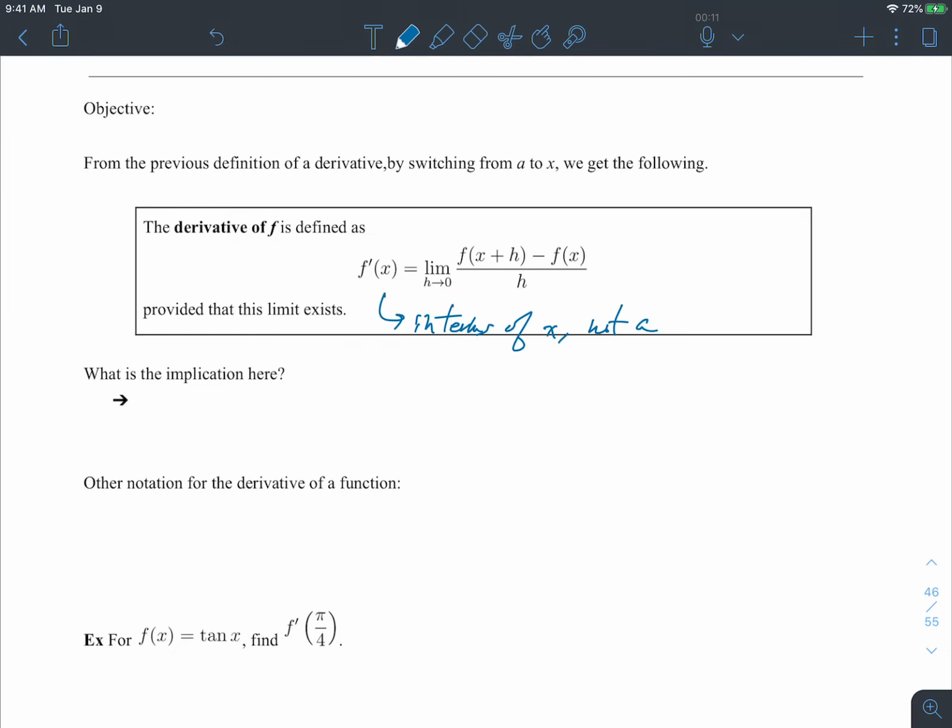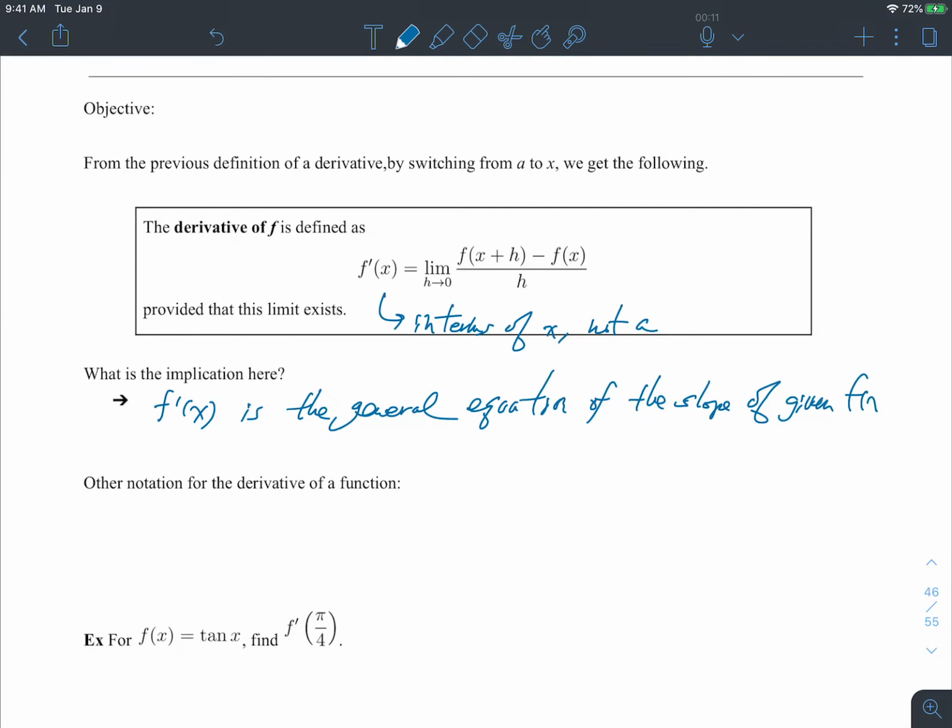So when you have f prime of x over here, guys, that is the general equation of the slope of the given function f of x.